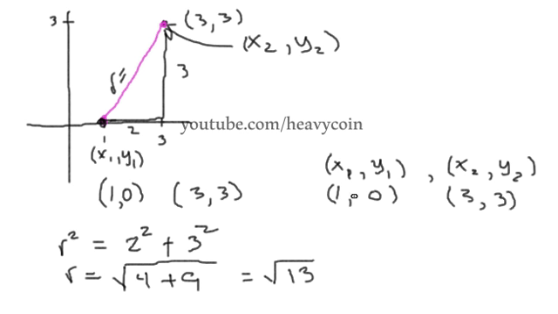Okay, so x of 1 is 1, y of 1 is 0, x of 2 is 3, and y of 2 is 3 here. If I wanted to look at the difference between x of 2 and x of 1, right, so this was 3 minus 1 is 2, and that's our 2 right here.